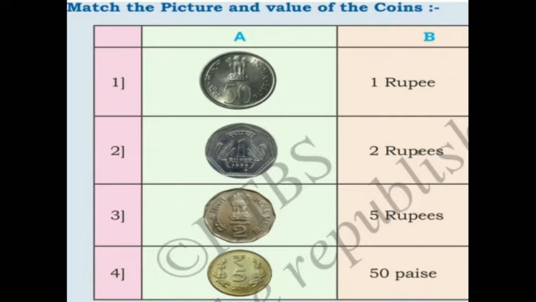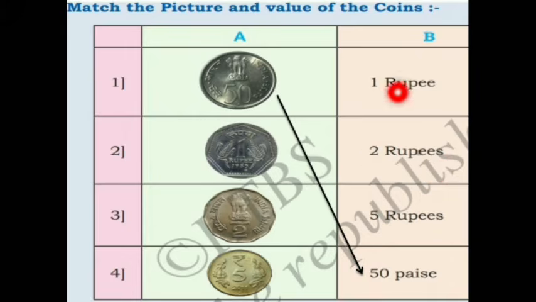Now, we should match the picture and value of the coins. See the first one. Which coin is this? Yes, 50 paise coin. Here, where is 50 paise? Yes, here, last one. So, we should match these two. Next, we have this coin. What is this value? Yes, this is a 1 rupee coin.